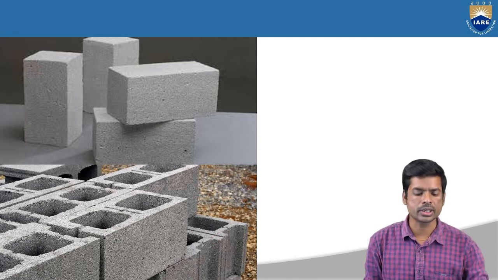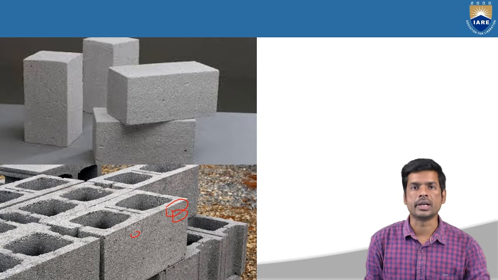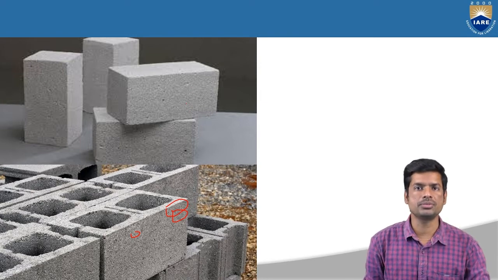This aerated concrete does not have coarse materials, that means we cannot observe any coarse aggregate here. They have used only sand and binding material, that is cement, to prepare these aerated bricks. This is a lightweight brick which is used in the construction of buildings or other structures.